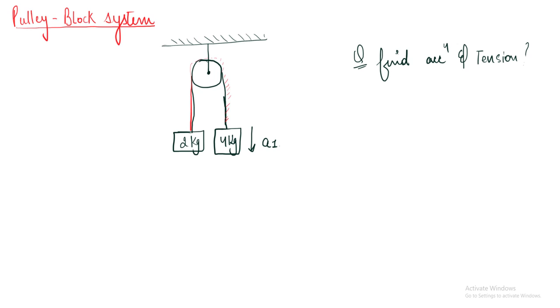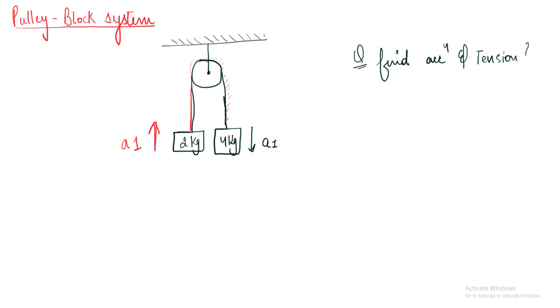I told you before, two points on the string have the same acceleration, because if they don't have the same acceleration the string will break. Now this will move upwards with acceleration A1. Now find the tension and acceleration.